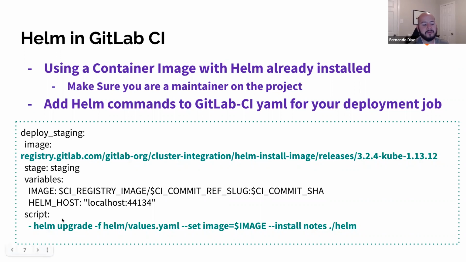When I'm running the script, I'm just going to run helm upgrade, and I'm going to use the values.yaml file, and I'm going to set the image to what I have defined here. So you can actually change different values within the actual command line. And I'm going to install it, name it notes, and install it from the Helm folder. I'll show you what that looks like now.